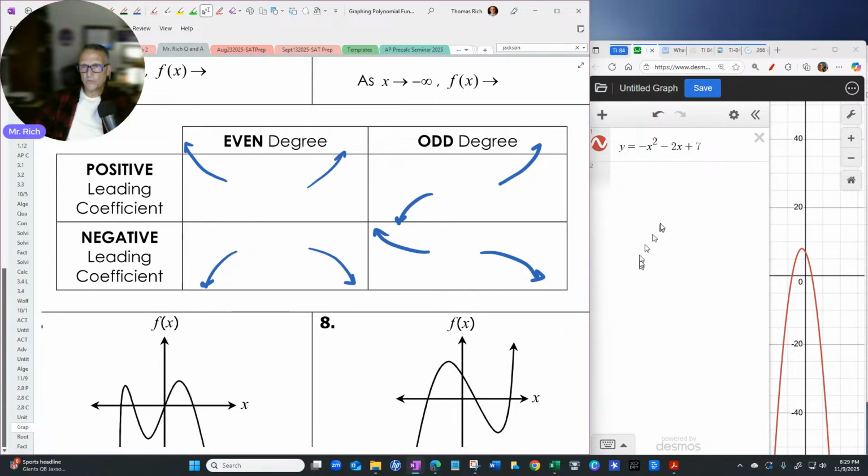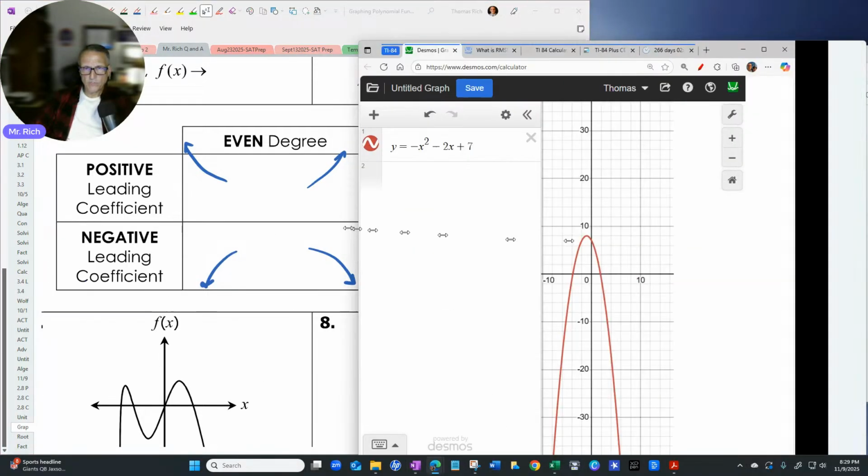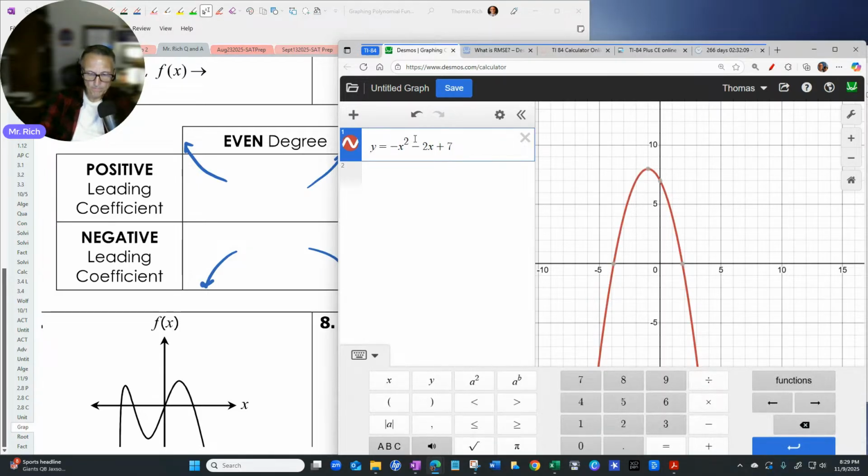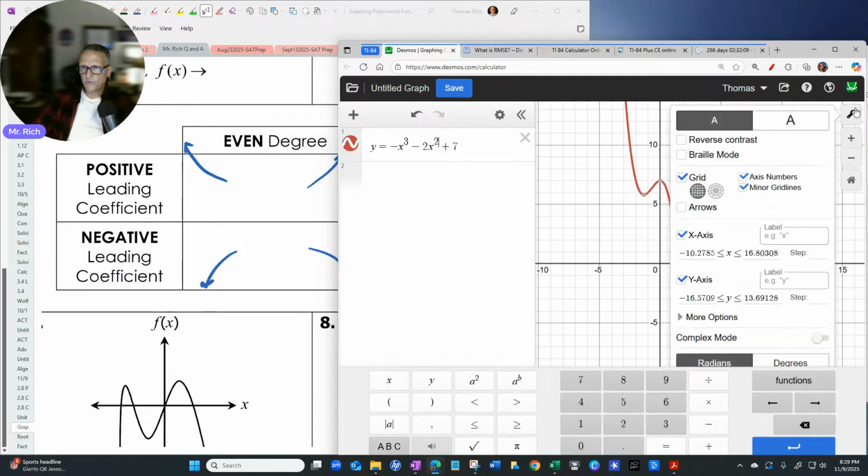And just to hammer that home one more time, if we take this and make it a third degree polynomial, and let's change this up, we'll make it x to the second power, like this. And I'm going to change the scale on this by just a tad.